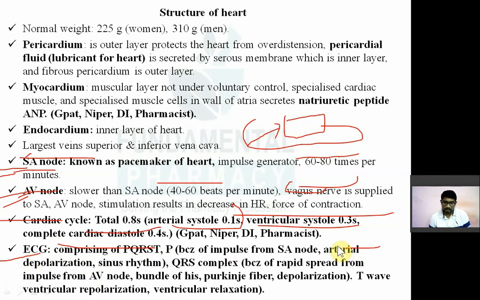Then the QRS complex is because of the rapid spread of impulse from the AV node to the other parts of your heart, the bundle of His and Purkinje fibers. That is due to depolarization, that is contraction of your ventricles.